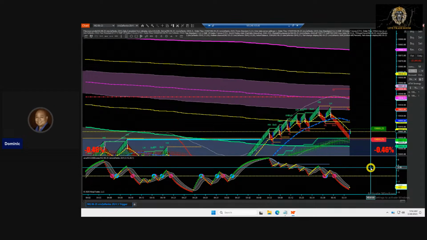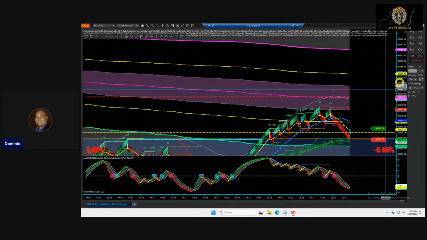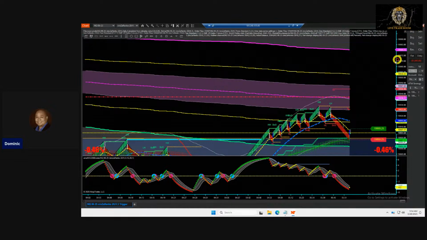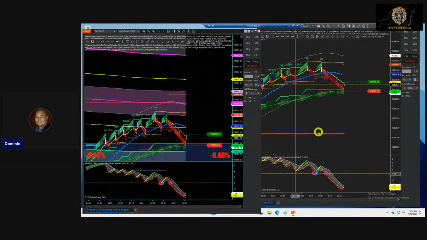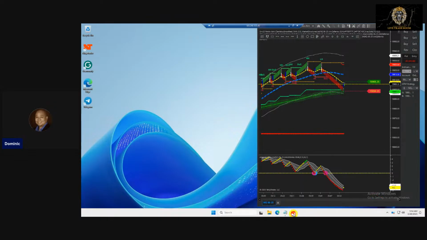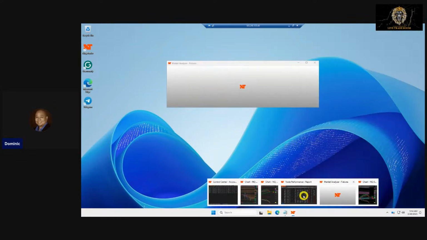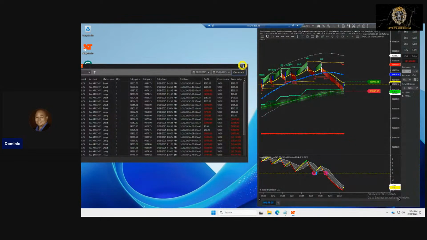At least I recovered from what... let me see here. If I look at this, you can actually see I was down as much as 2,200 right here. Wait, 1.6.